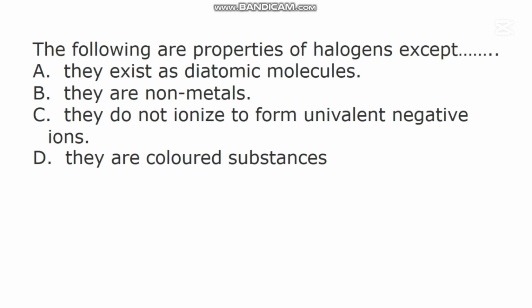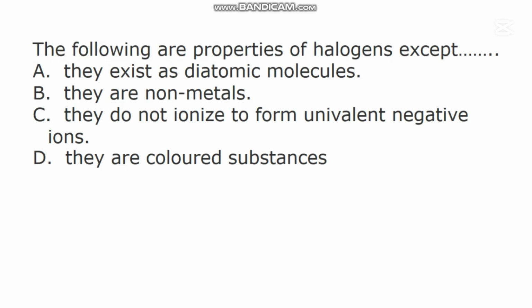The next question says, the following are properties of halogens except dash. A. They exist as diatomic molecules. B. They are non-metals. C. They do not ionize to form univalent negative ions. D. They are colored substances.